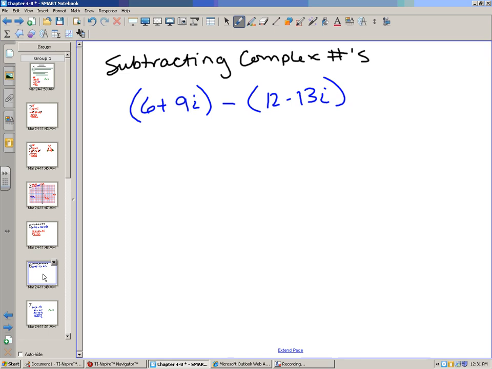Can anybody tell me what we should do? Do we drop the parentheses? Why do we not? Because you're subtracting off not just one term, but two terms, right? So I can drop the parentheses around the first complex number, but the second complex number I have to distribute the negative to give you positive 26i.